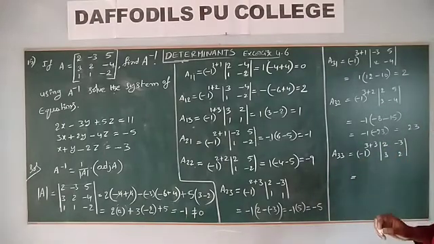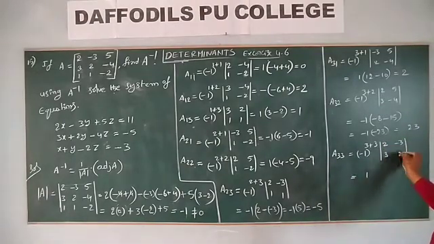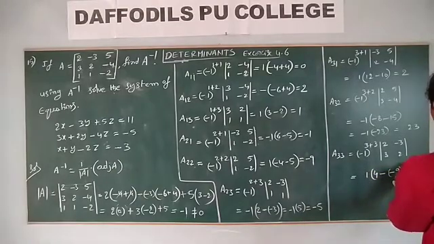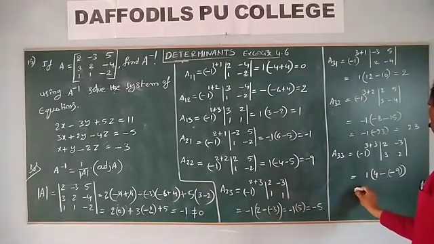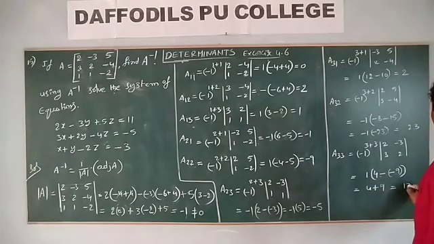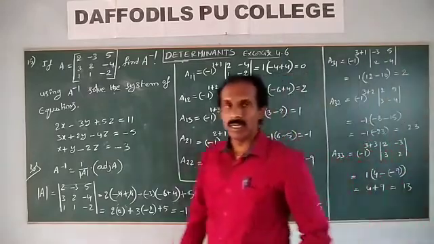Minus 1 to the power of 3 plus 3, even number. Plus 2 2's, 4 minus, already this minus 3, 3 is minus 9. Therefore, minus into minus plus 9 is equal to 13. So, finish all cofactors. Now we write adjoint.